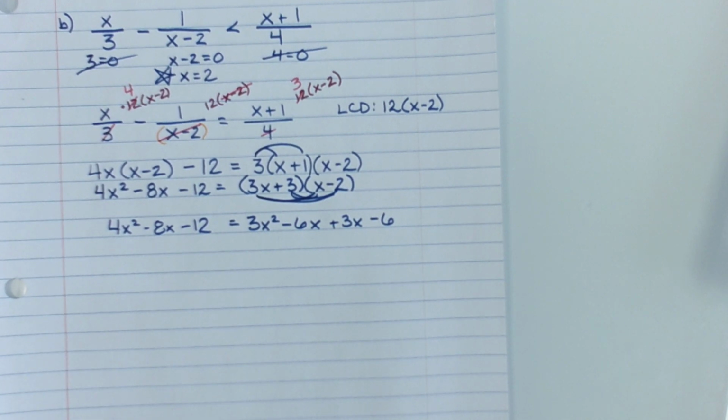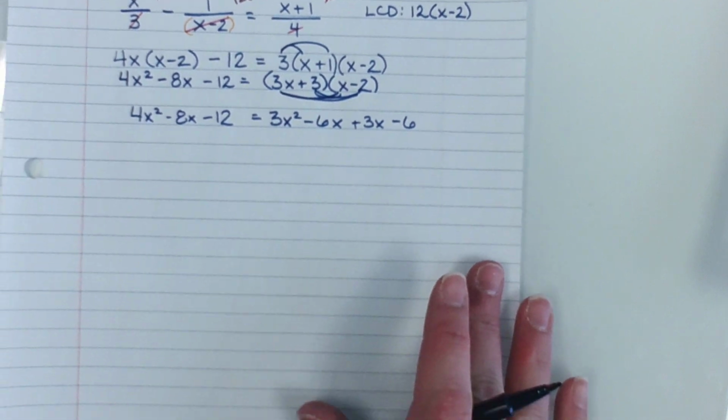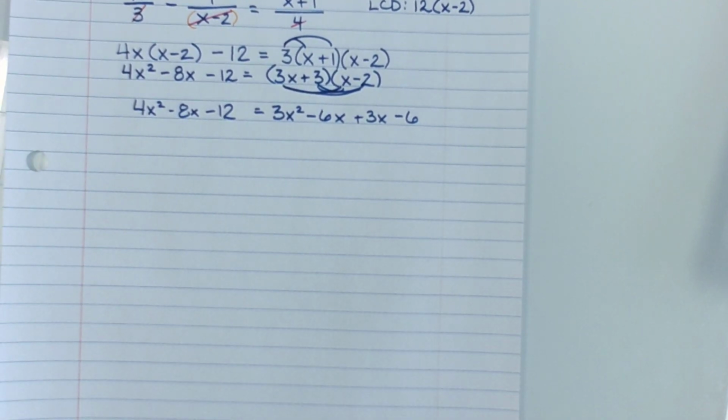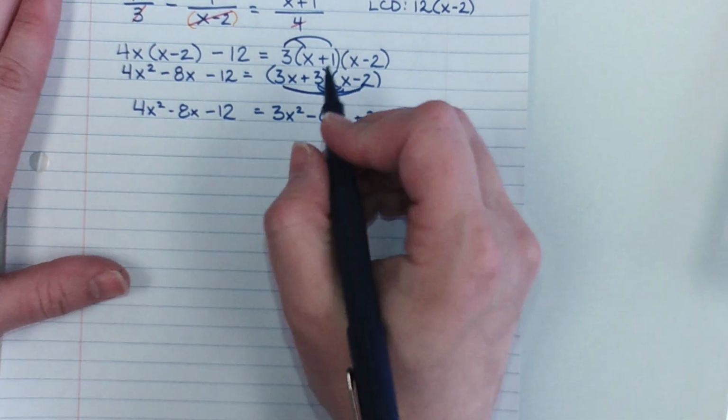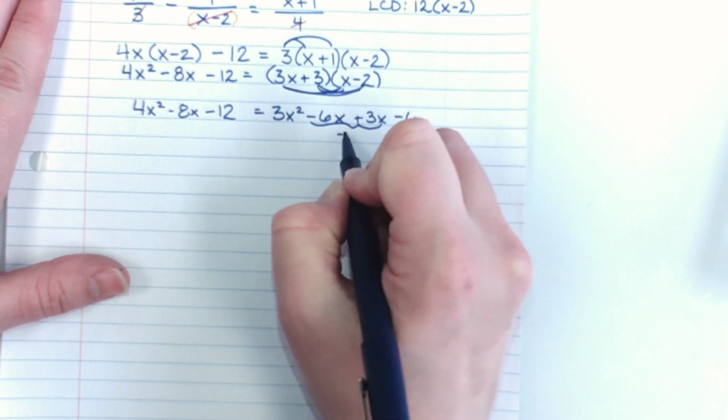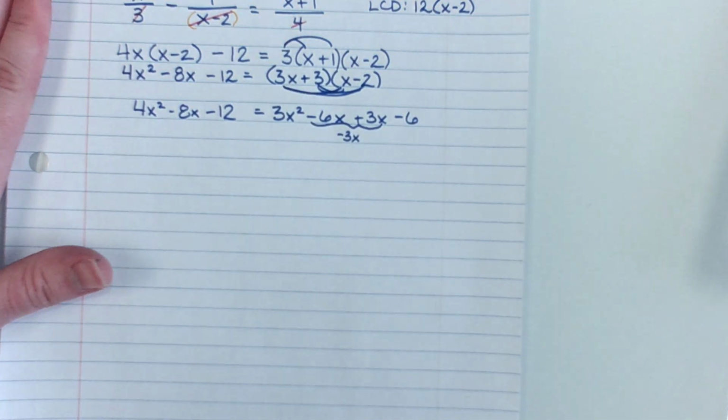This is a quadratic equation. Sometimes the quadratic piece of it cancels out and you're left with a linear equation. It's not doing that here. Quadratic equations, in order to solve them, you need them equal to 0. So those two together is a negative 3x, by the way.